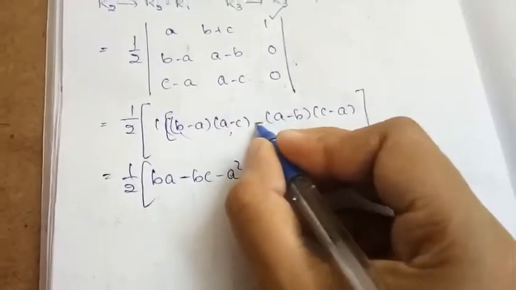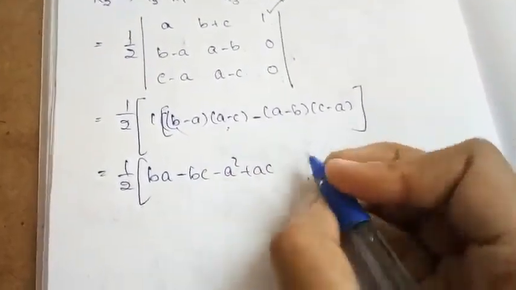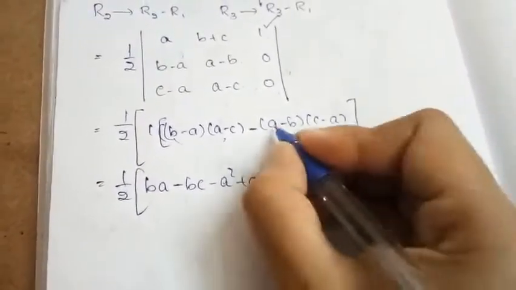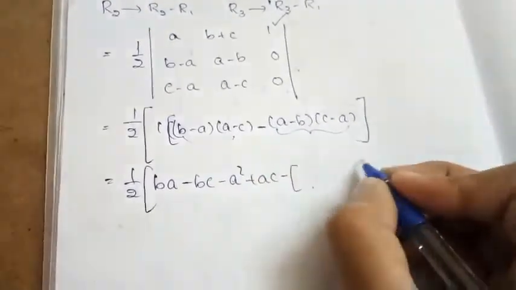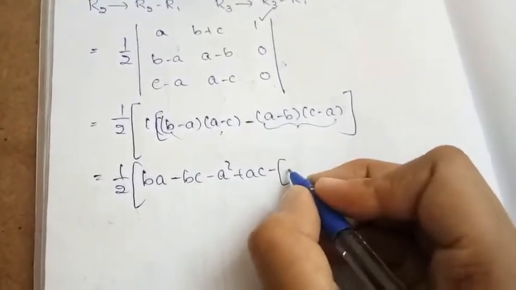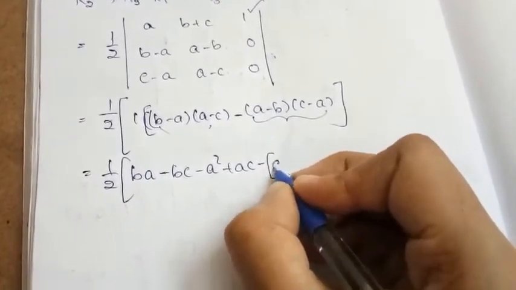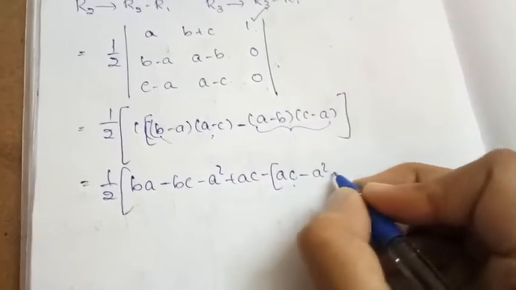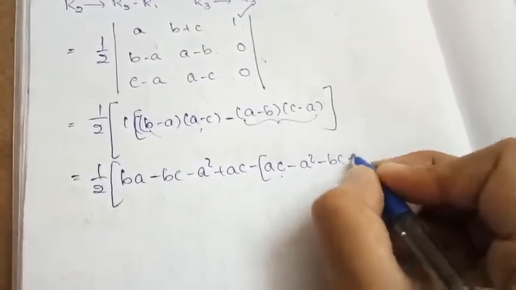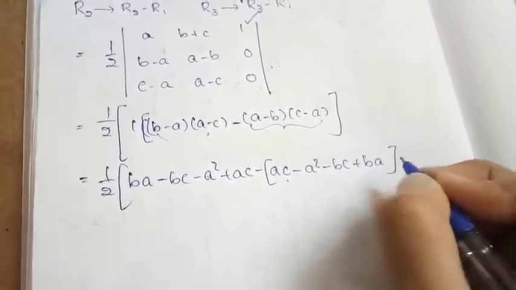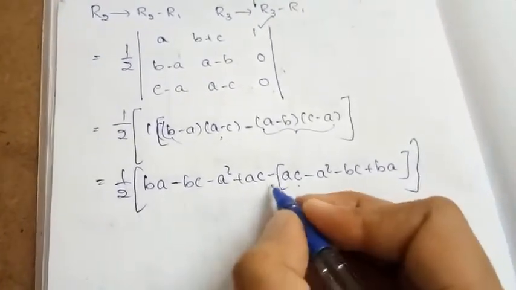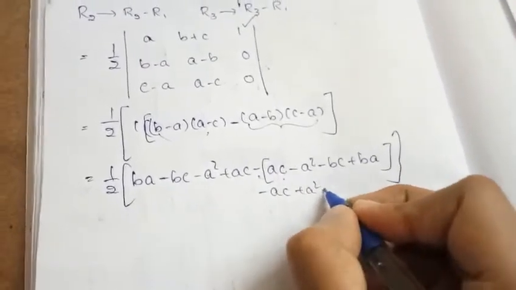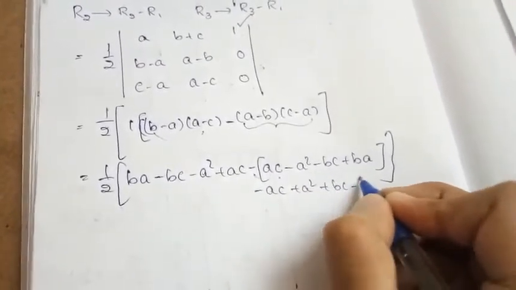So this minus is multiplied to each and every element of this one. If you get confused, first do the calculation within the bracket, and after that you can multiply. So I will do it in that manner only: AC minus A square minus BC plus BA. After that you can multiply this minus, and it becomes minus AC plus A square plus BC minus BA.